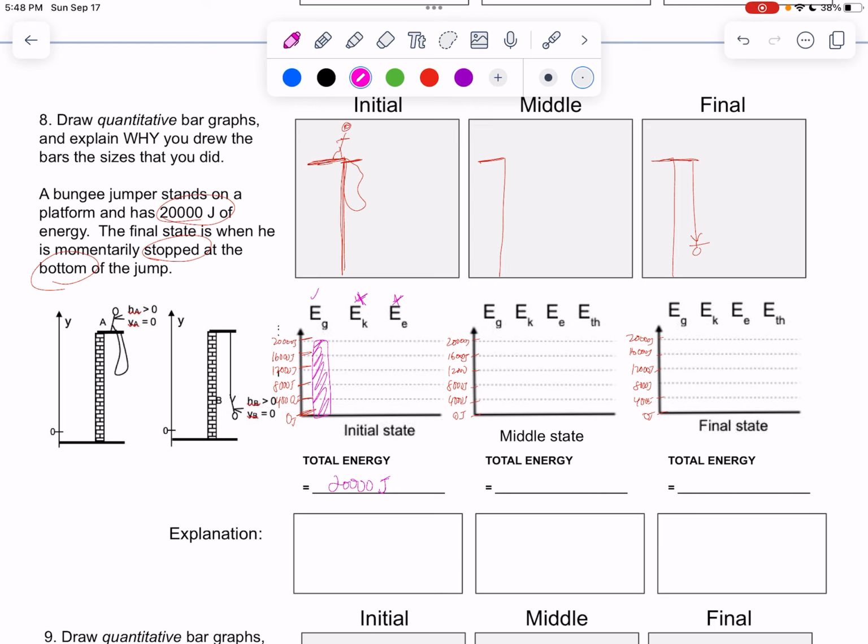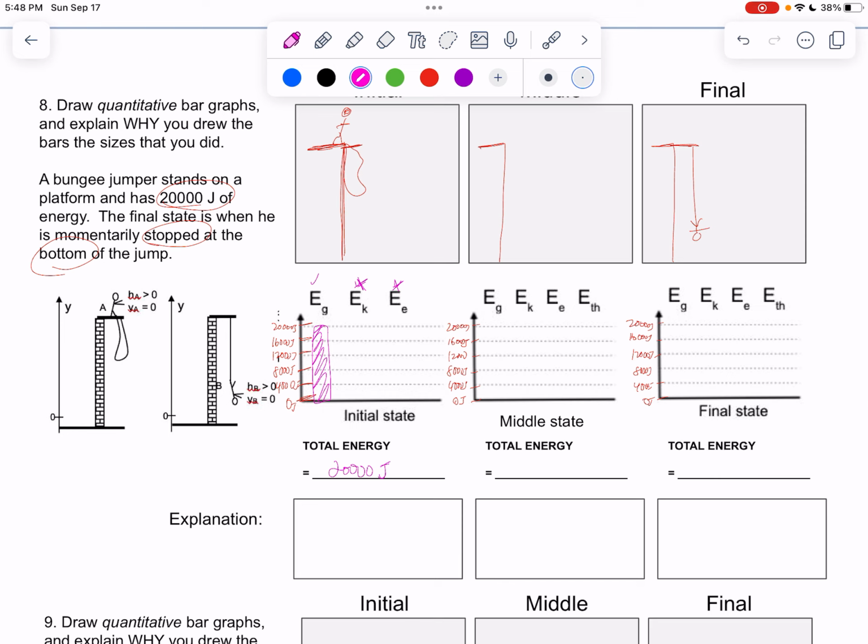All right, the final state, he's momentarily stopped at the bottom of the jump. So it says he's stopped, so that means no EK. Is he above the ground? Maybe, depending on where we set the ground. I'm going to just set the ground here.